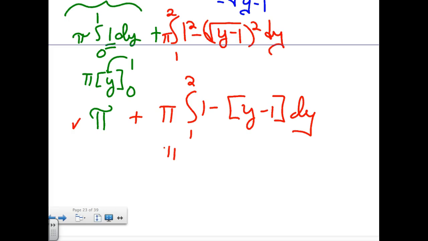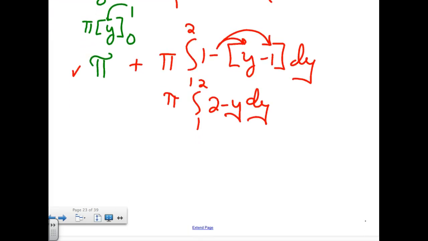This would be pi times the integral from 1 to 2 of 2 minus y dy. So the red part is going to contribute pi times 2y minus y squared over 2 when I do the antiderivative from 1 up to 2.